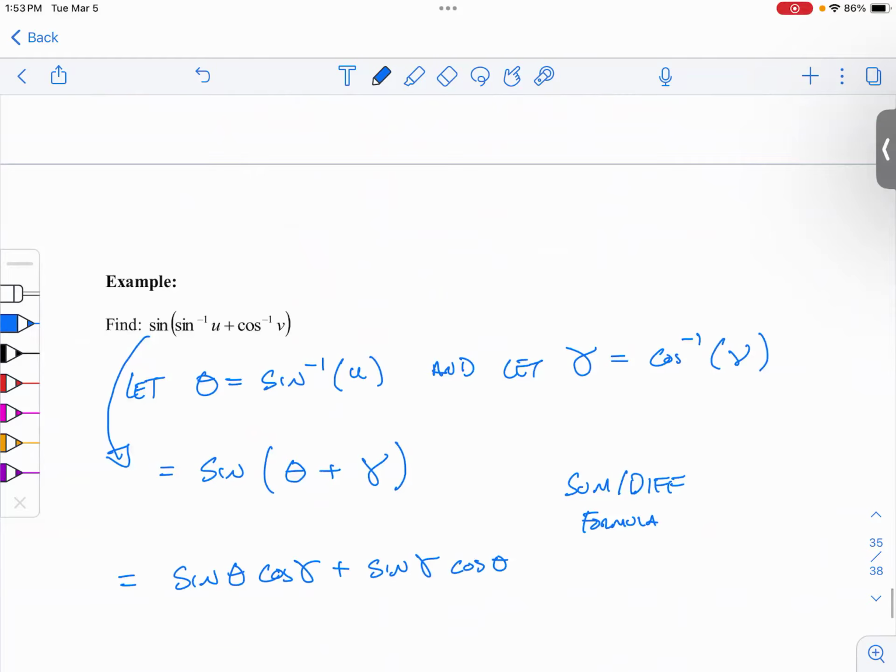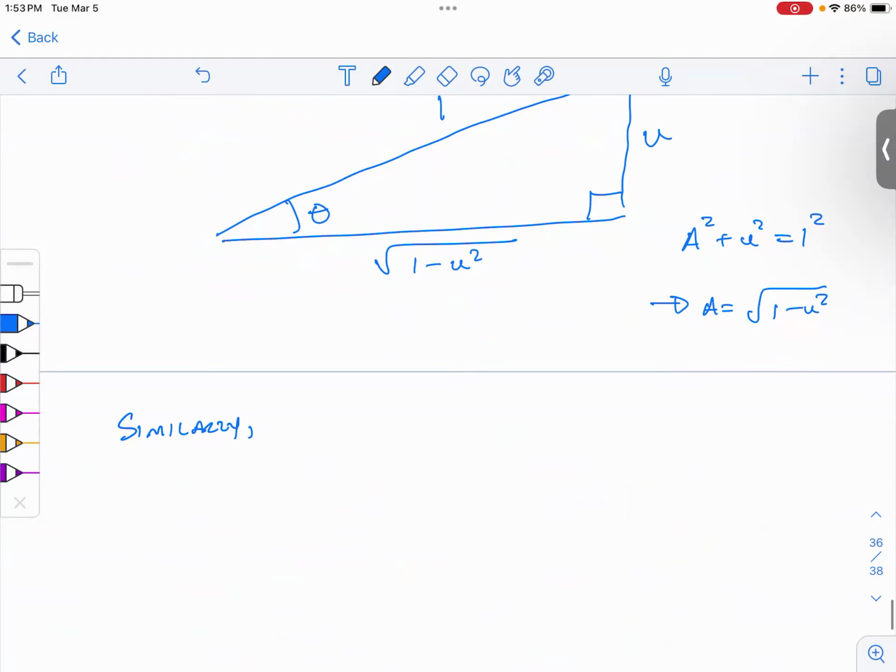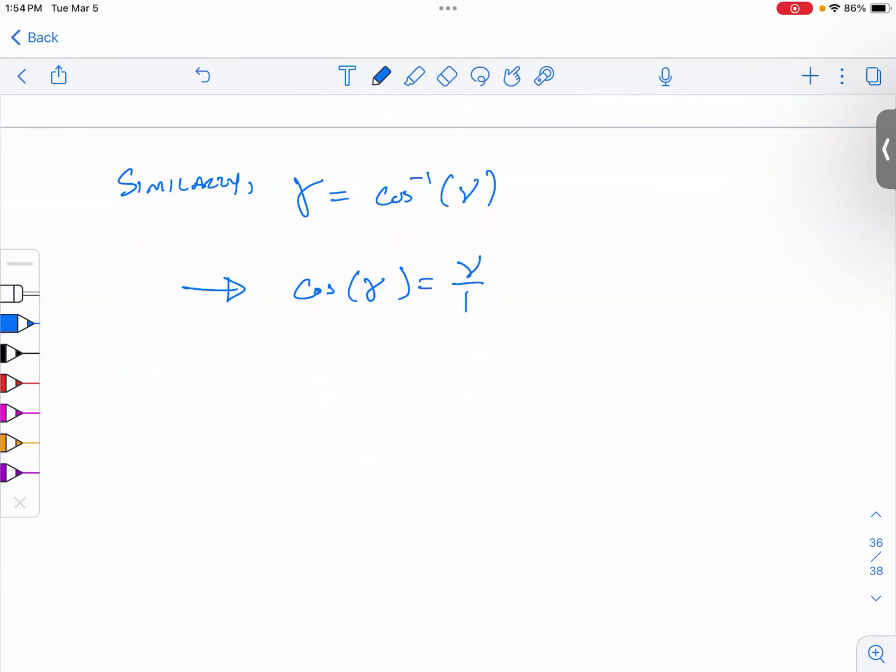Gamma equals cosine inverse v. Similarly, we said let gamma, and again, I'm just picking an angle. I'm picking all the Greek letters, but if you want to just use A, B, X, Y, it's absolutely the same.